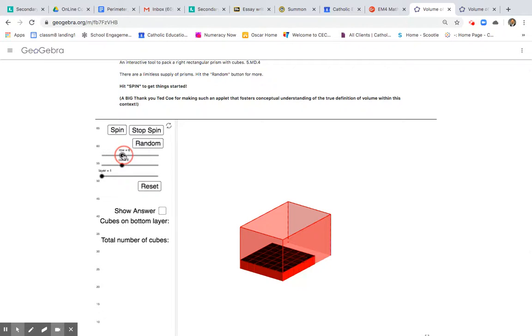Sorry, the 6 multiplied by the 9 gives us 54. So there are 54 cubes on the bottom layer, and then it's just a matter of how many layers we have, and it looks like we've got 5 layers. So it's 6 times 9, which is 54, times the 5, which gives us 270.